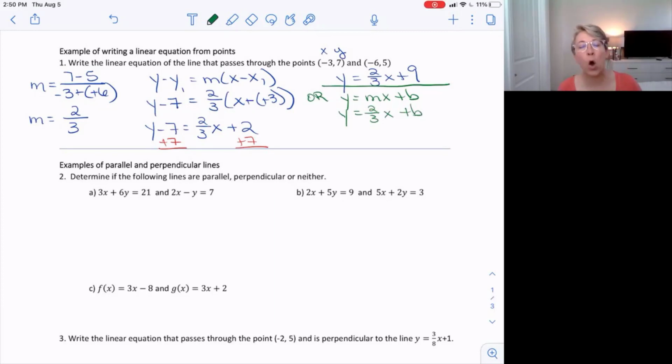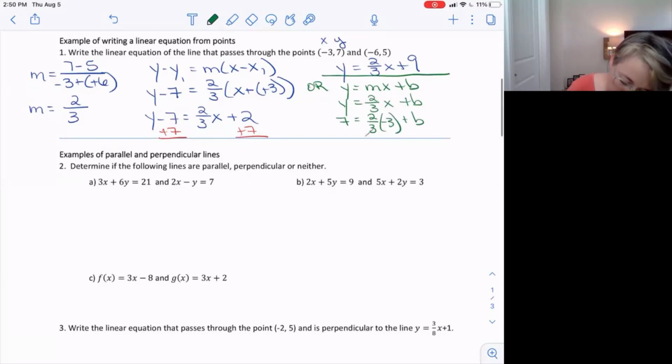And remember, b is the only variable we need to find. x and y represent any point. So we can use that -3 and 7 again. We plug in 7 for the y, -3 for the x. These two reduce. So I'm going to get 7 equals -2 plus b. If we add the 2 to the other side, we get b equals 9.